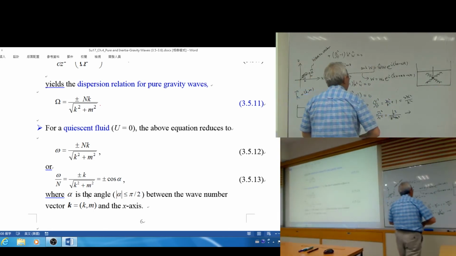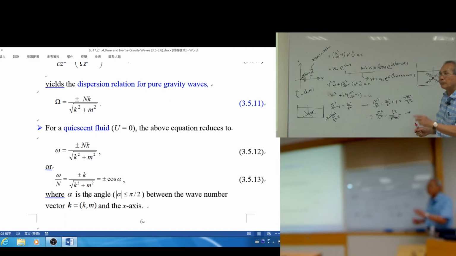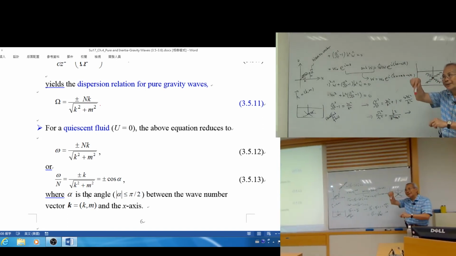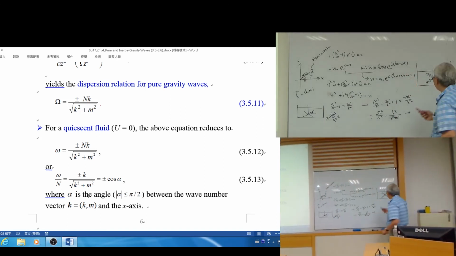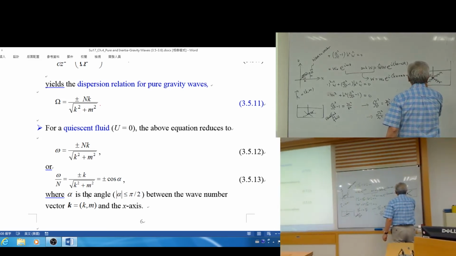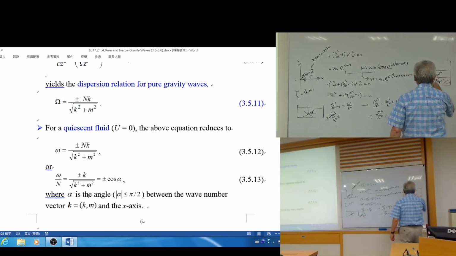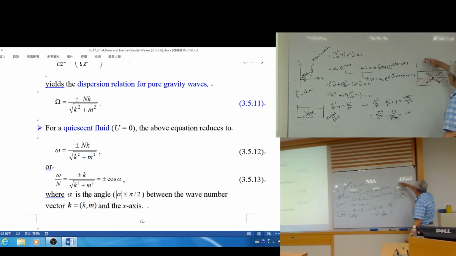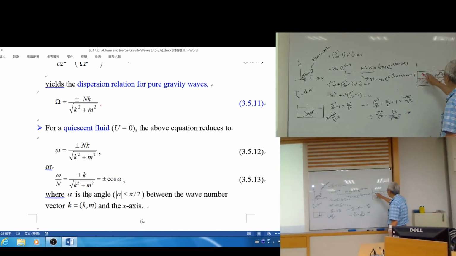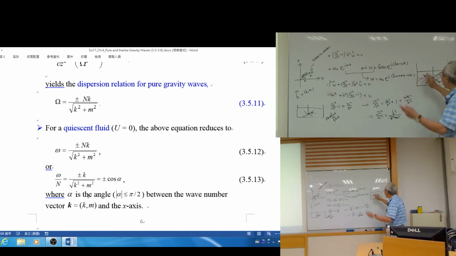So if this wave generator is not a stick, it is a mountain here. So say this is air, this fluid becomes air, and below the mountain those are just earth.